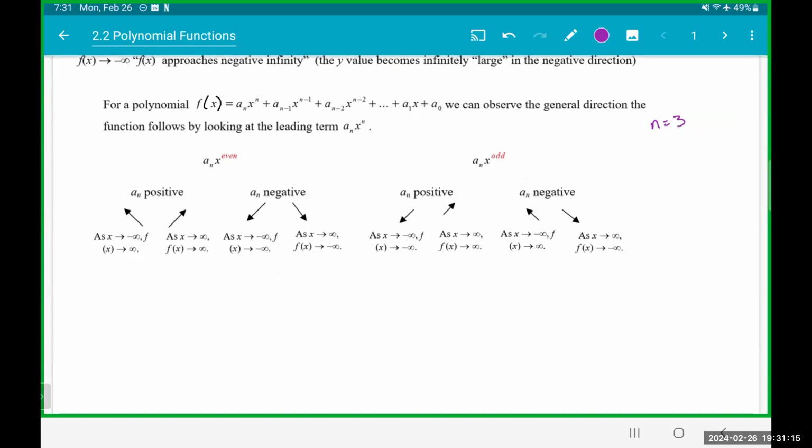Essentially, that's just saying a sub 3 times x cubed. So my a sub 3 is just the constant number in front of the x cubed. Okay? Plus, then we would have a sub n minus 1 times x to the n minus 1.